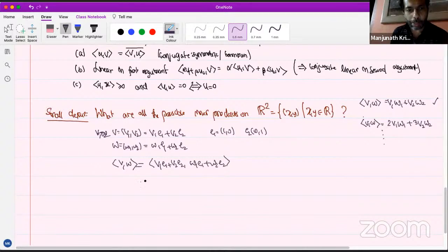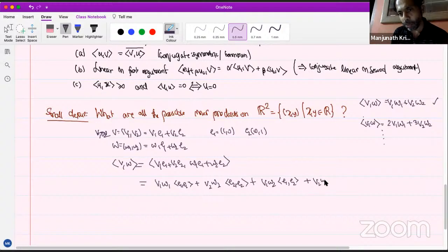Now, because of all the properties that we said here, because of linearity and so on, you can check that it is the same as V1 W1 times E1 inner product E1 plus V2 W2 times E2 inner product with itself plus V1 W2 inner product of E1 with E2 and V2 W1 inner product of E2 with E1.